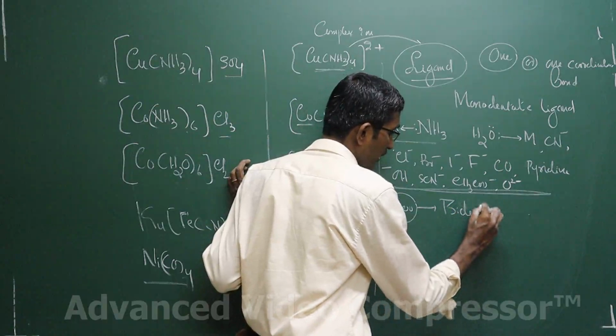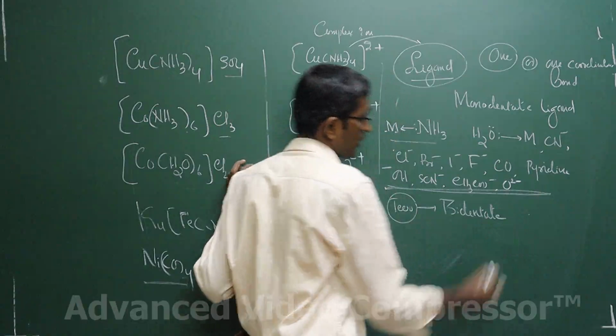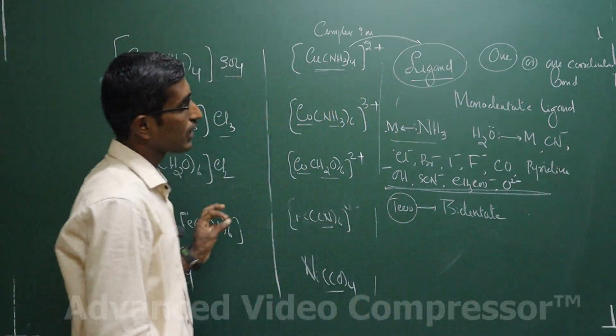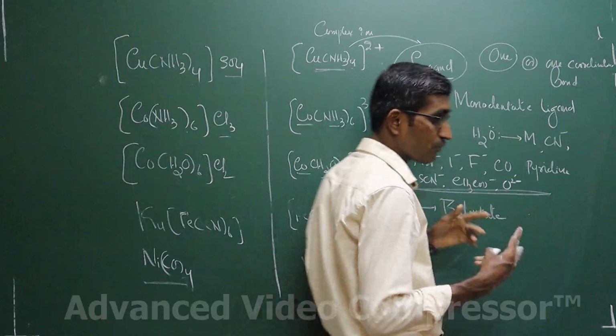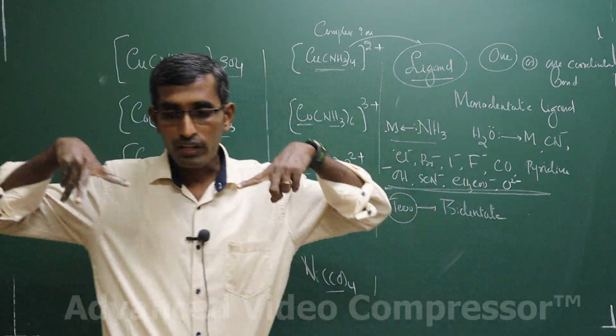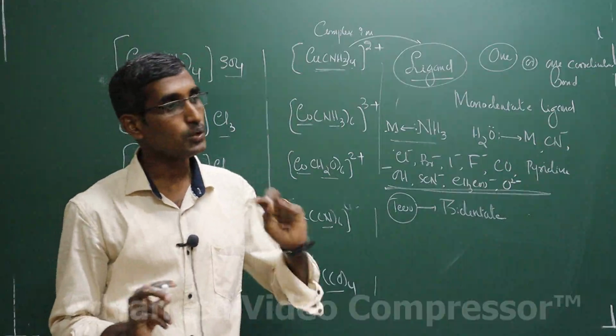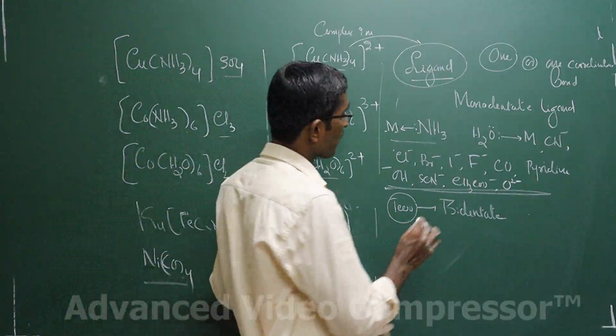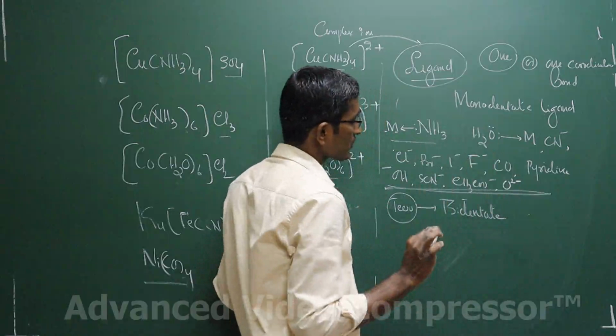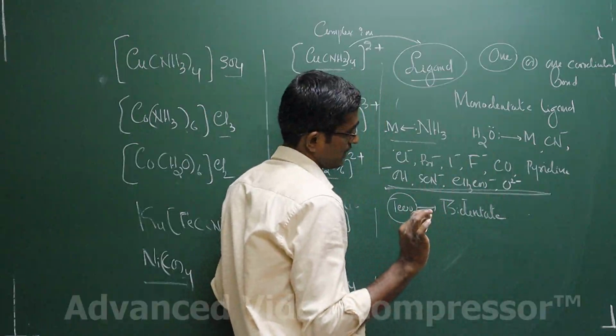Bidentate ligand means it has two coordinating atoms, or it is able to establish two bonds with the central metal ion.